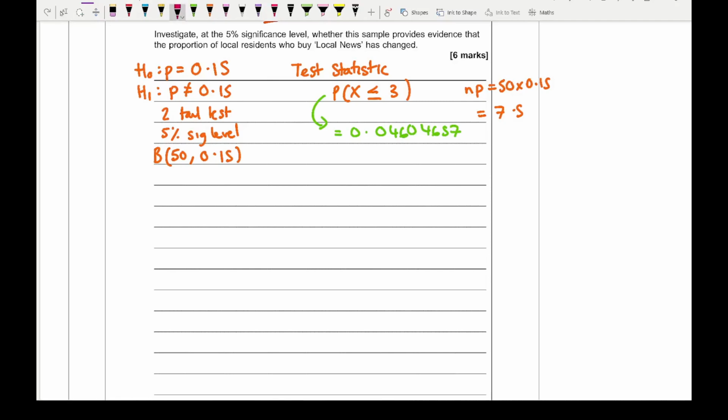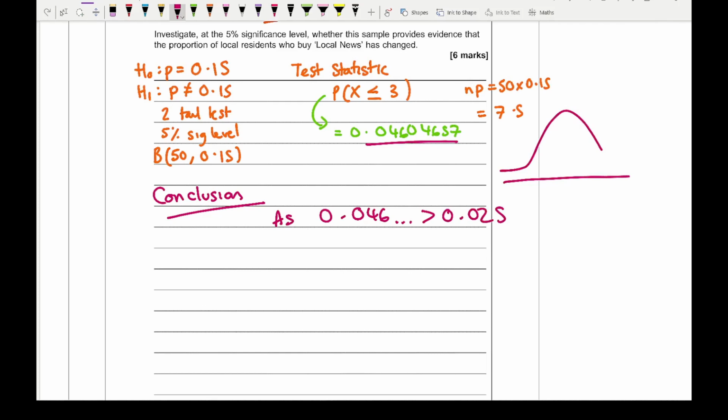Now that I've got my test statistic, all I need to do is write up the conclusion. So using the test statistic, which we got as 0.046, as 0.046 is greater than 0.025, because remember it's a two-tail test. Now how I usually define that is if I draw my little diagram. Although this is not normally distributed, this is a diagram that I tend to draw.